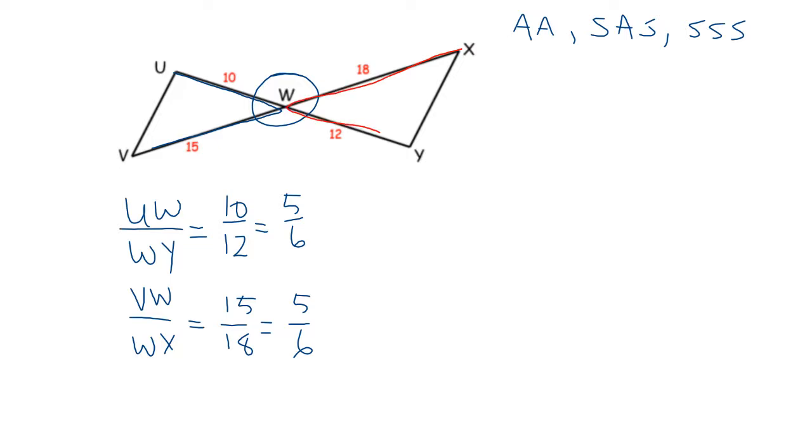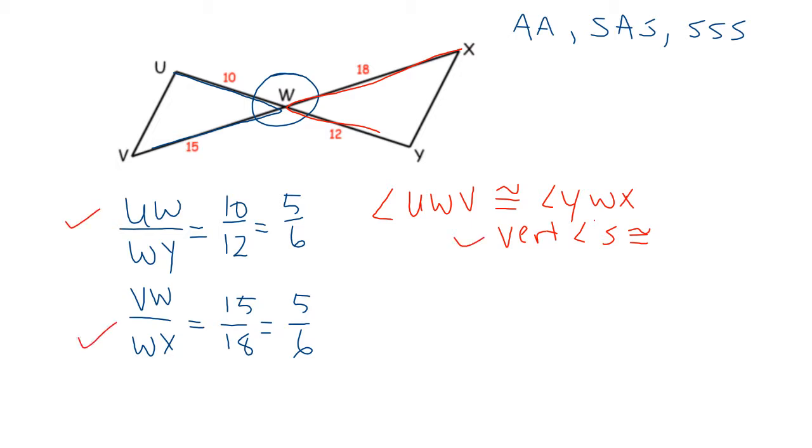And so I also have angle UWV has to be congruent to angle YWX, and that's vertical angles are congruent. Now, once I have this, I have a side, an angle, and a side. So now I can make the statement that triangle UWV is similar.